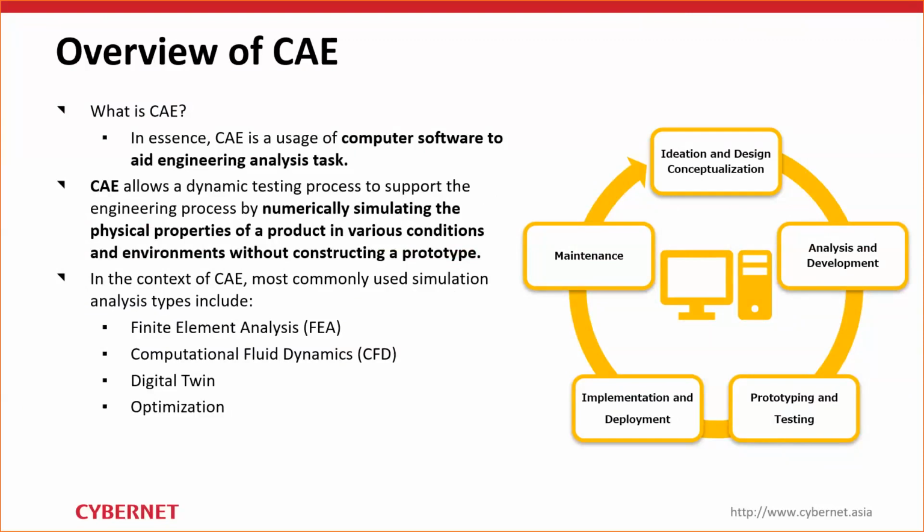Now, unlike what many people think, CAE actually goes beyond the analysis and development stages. CAE actually defines the entire product engineering process, from initial design creation and virtual testing with sophisticated algorithms, all the way to the maintenance process. Here we talk about something like a digital twin, for example.